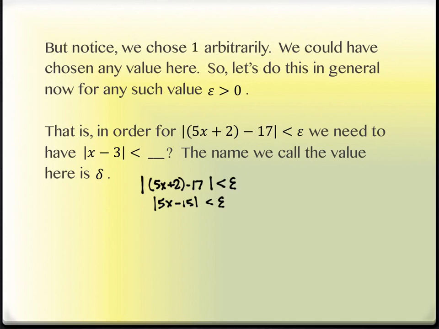And we recognize that I have the 5 that I can pull out of this. And then I can pull the 5 out of the absolute value. And I'm left with the x minus 3 inside the absolute value. And I can divide by 5. All the steps are identical. The epsilon's just in the place of the 1.